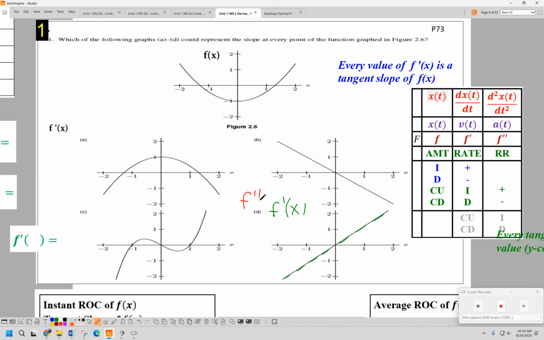It would be a bunch of dots whose value never changes, and they have to have positive y values because the dots of f double prime are telling us the slopes of f prime. So if f prime has a slope that is never changing, that means f double prime must have y values that never change. Questions? 2 points for Ava.